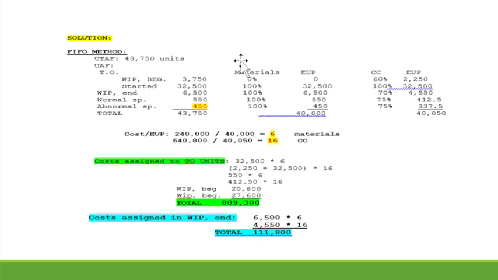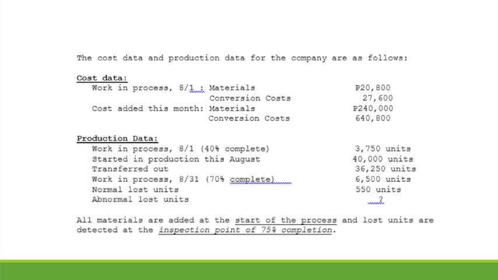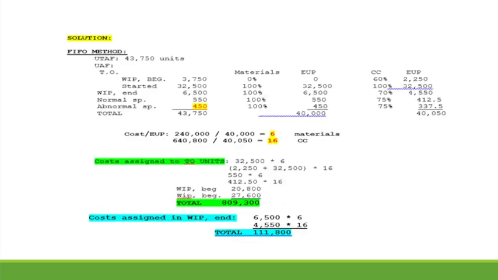So now, the column for materials is to identify the percentage of materials that we added on that particular item of inventory. Let's go one by one.